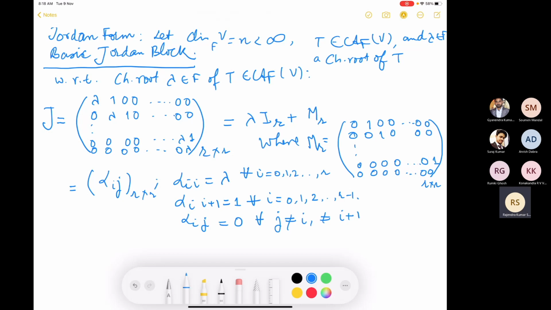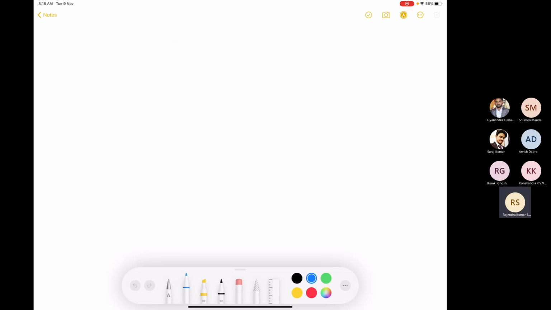What we want to prove is this theorem. So let us say the dimension of V over F be n, finite.